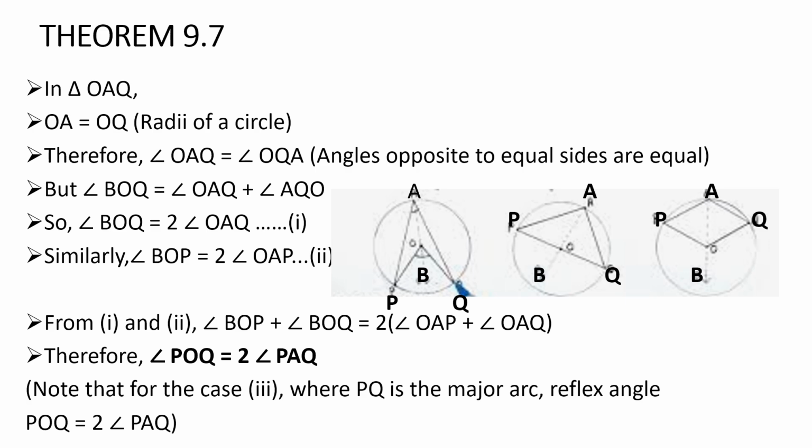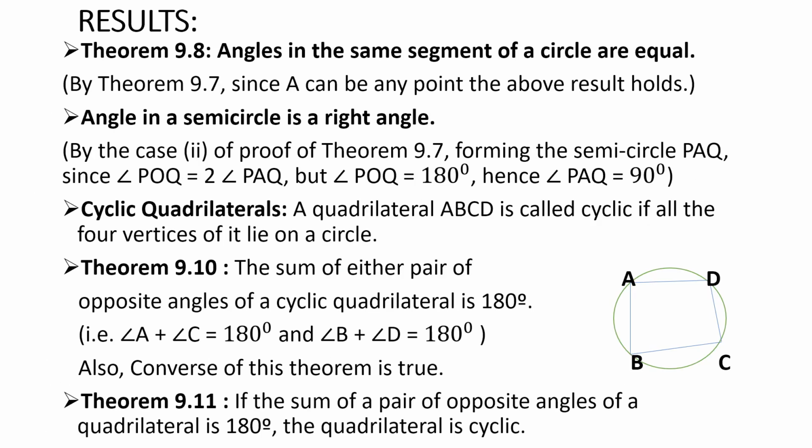Hence, angle POQ is equal to twice angle PAQ. Now, this we have proved for the first case. Similarly, for case 2 also we can prove the same way. In case 3, where PQ is the major arc, the reflex angle POQ is considered and that is equal to twice angle PAQ.